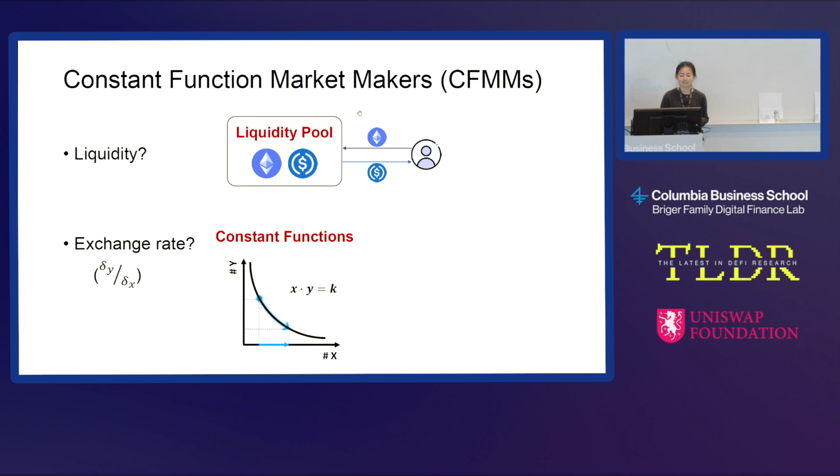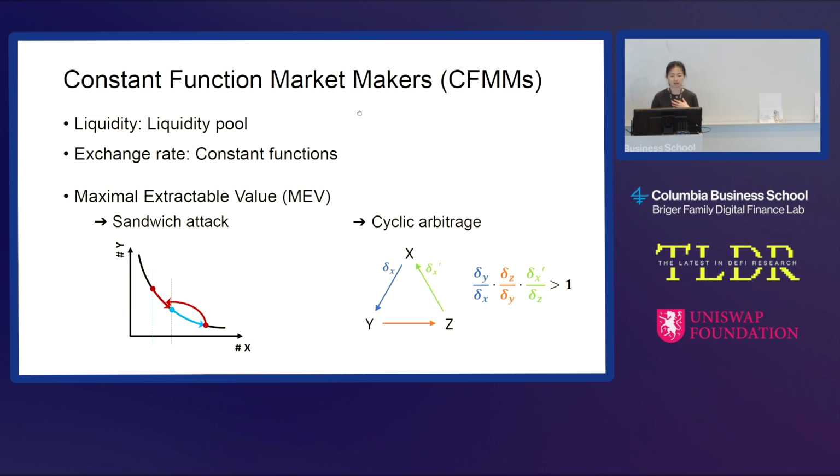In this process, the exchange rate is determined by a constant function. I think we all agree that this design is very clever. It has many good properties, like it only needs very lightweight computations. But it also brings some unexpected MEV issues.